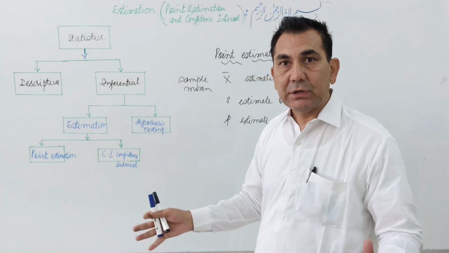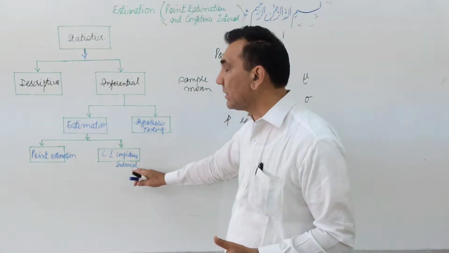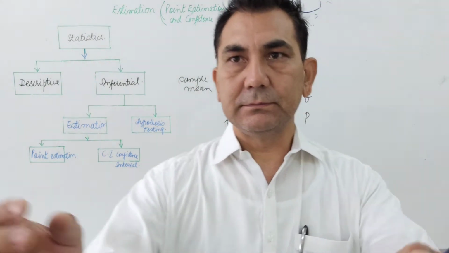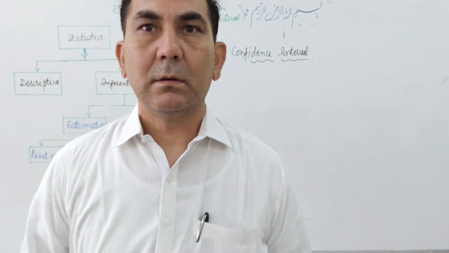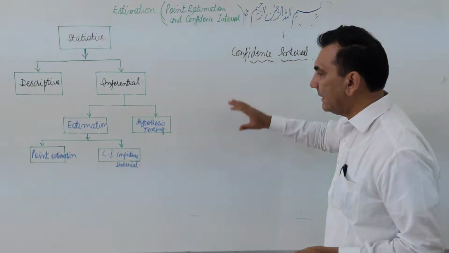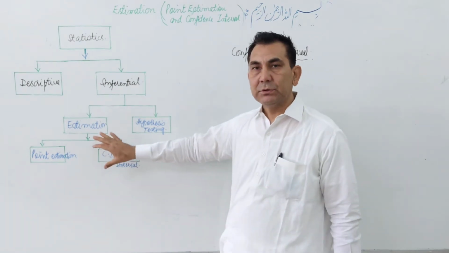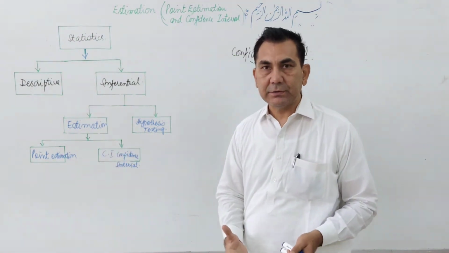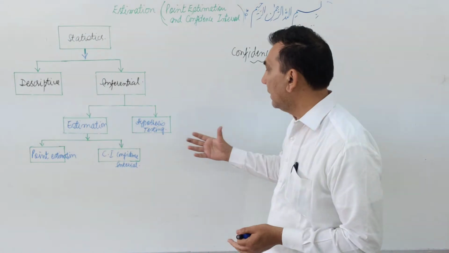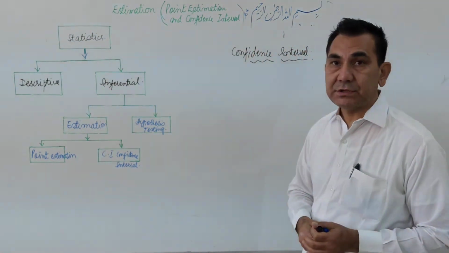It is called the confidence interval. The second method by which we estimate the population parameter is the confidence interval.